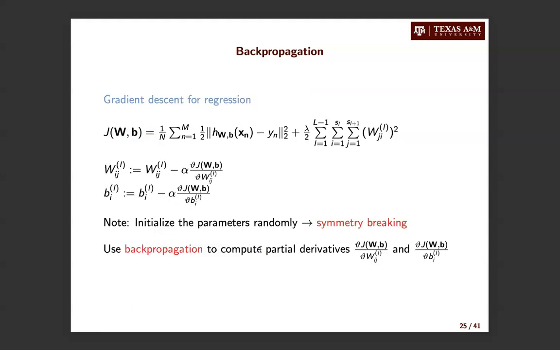How are we going now to optimize these functions in order to find the weights of the neural network? We're going to perform a gradient descent operation, but instead of performing it on only a single layer, we are going to successively perform gradient descent operations over multiple layers of the network.